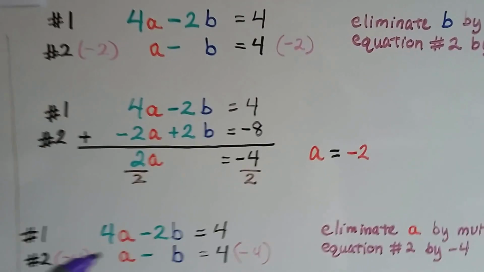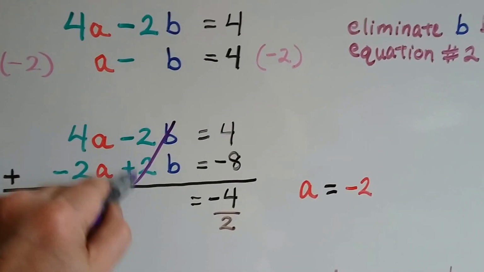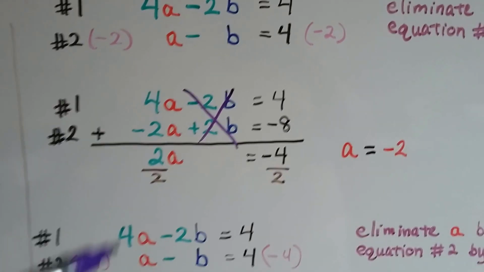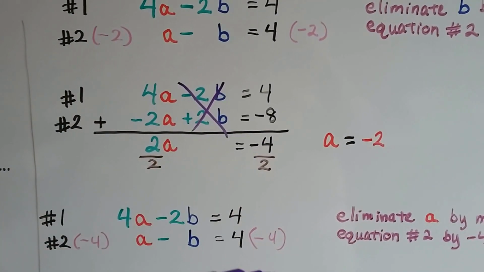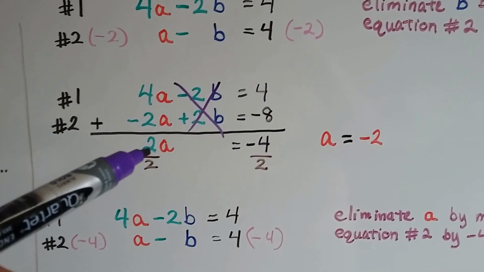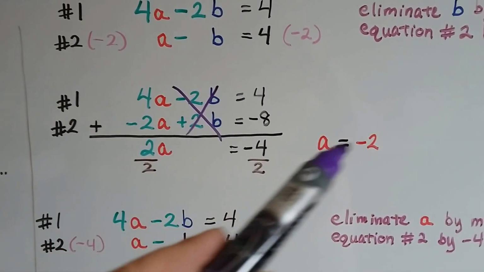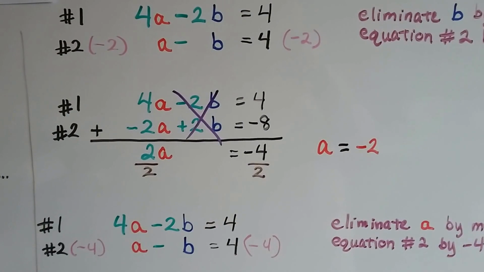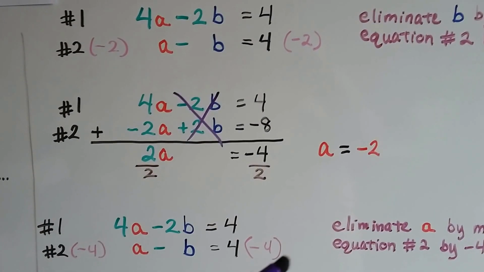And that created a 0 pair here, didn't it? It's additive inverses, so this is gone. So now we just have 2a equals -4. We can divide both sides of the equation by this coefficient 2, and we get that a is equal to -2. So now we have our first variable and our c, don't we?